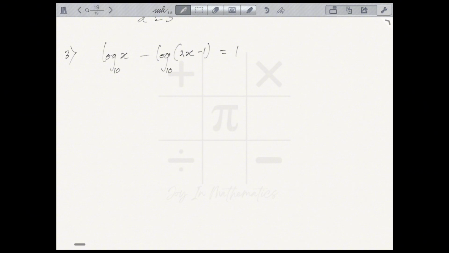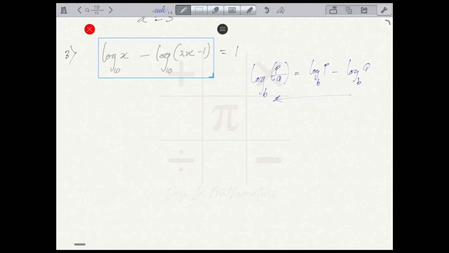Now we are seeing a subtraction sign, which shows that we'll have to involve the subtraction law here. So let's write out the subtraction law. It says log p over q to base b is equals to log p to base b minus log q to base b. Now in this case, we are going backwards, so we'll turn everything here into a single entity.